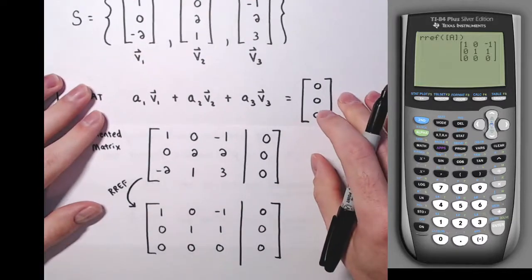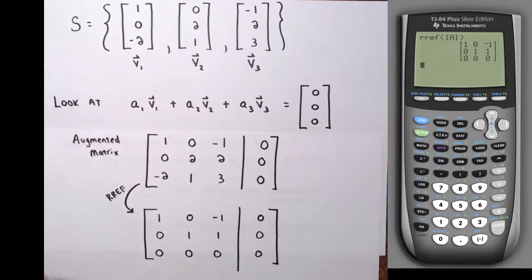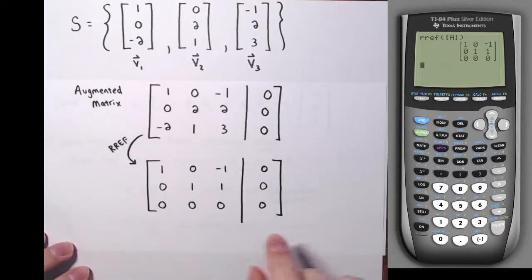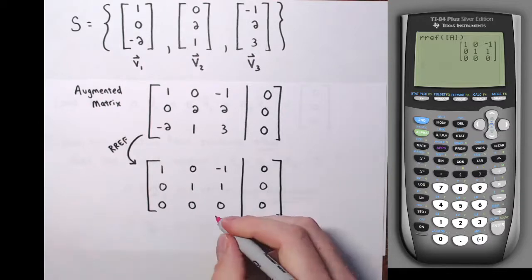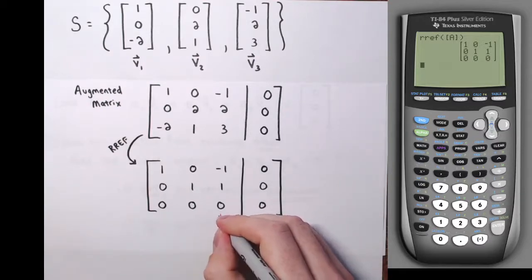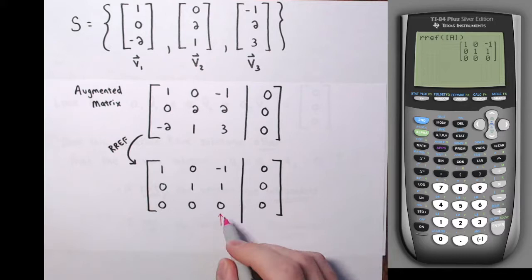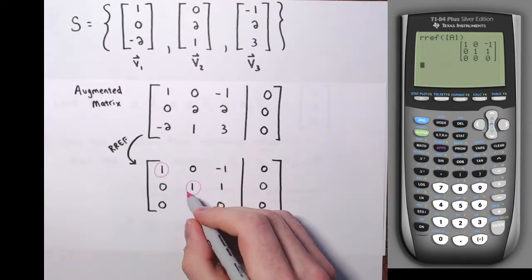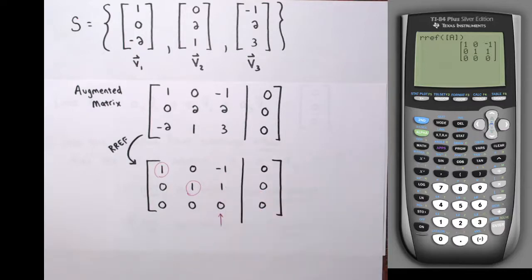So now we're looking at this reduced echelon form of the matrix. There is a free variable. See how there's a pivot in the first column, a pivot in the second column, but no pivot in the third column.